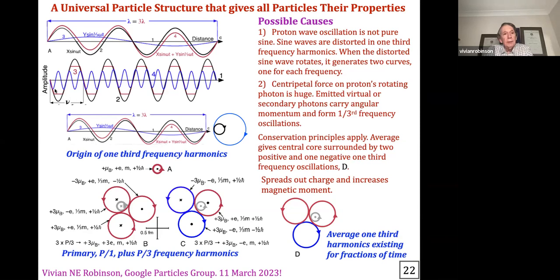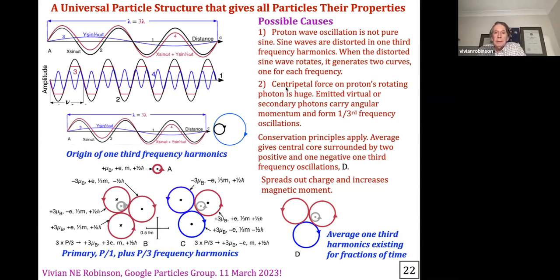Whenever there's a regular disturbance, a 1/3 frequency goes up. And anybody who's ever talked to radio engineers knows that getting rid of 1/3 frequency harmonics is a real problem with radio waves. Now, if that is made to rotate, you'll get the main oscillation, and then you'll get an oscillation of 1/3 the frequency, which will be 3 times the wavelength.